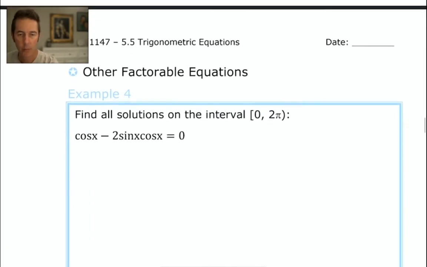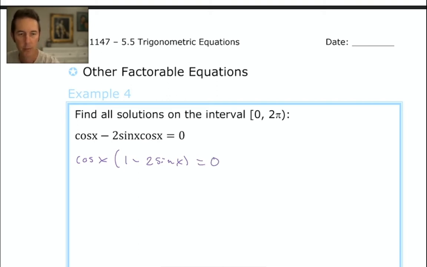Here's another type of equation. It's not a quadratic, but it's another factorable equation. This equation has 2 terms. Those 2 terms contain a common factor. They both contain a factor of cosine, so I'm going to factor out a cosine. Let's write this as cosine x times 1 minus 2 sine x, and that does still equal 0 on the right-hand side.